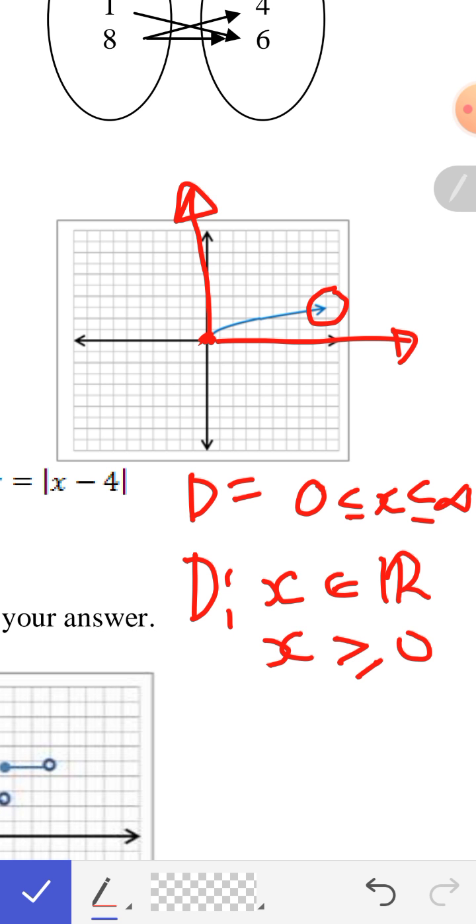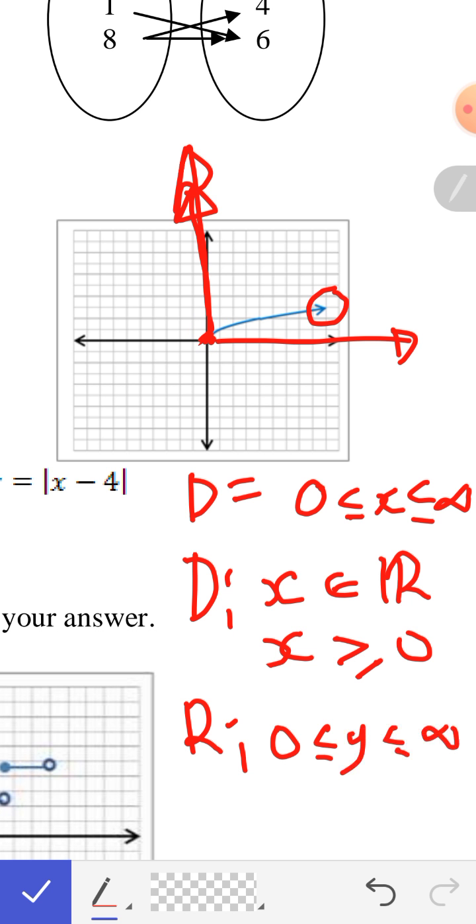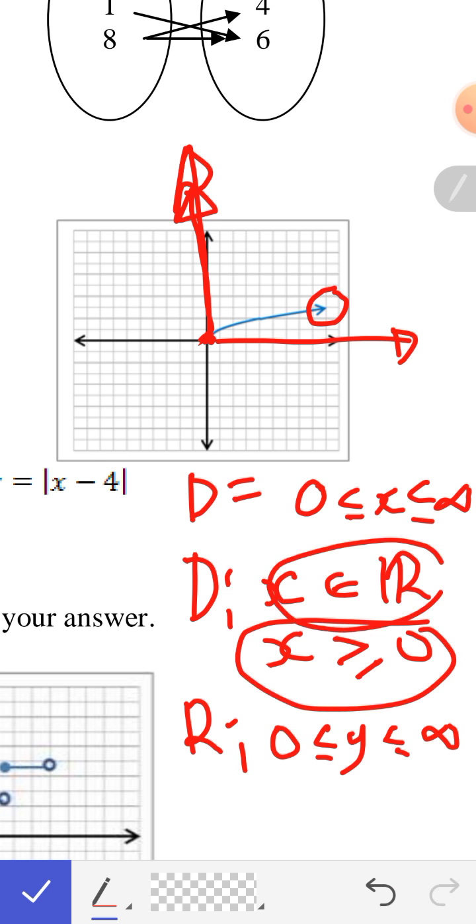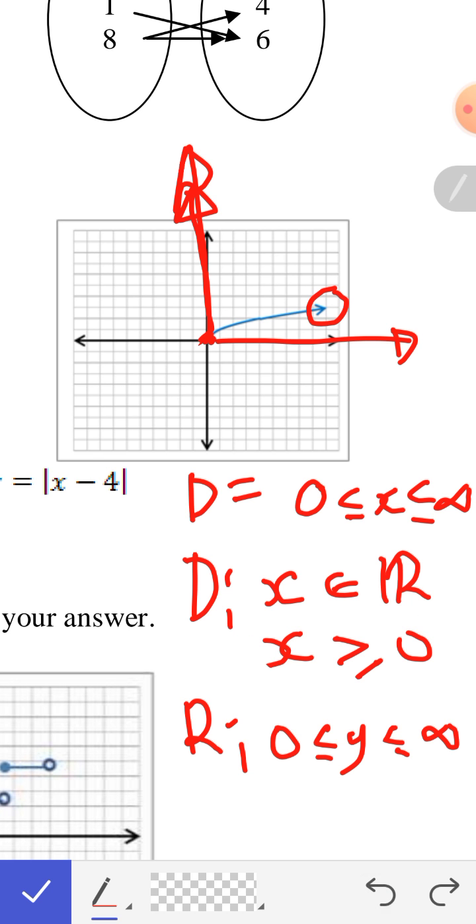The range, same thing. I can say y starts at 0 because it starts here at 0 and then goes all the way up to positive infinity. Or I can say the same thing here as I did for the domain.